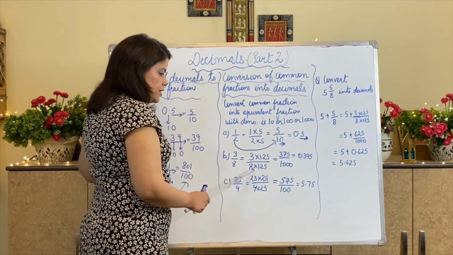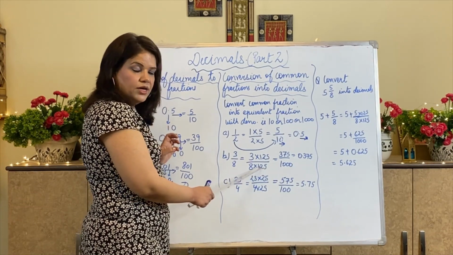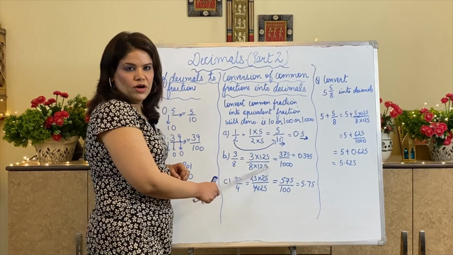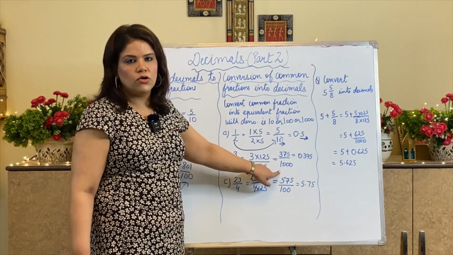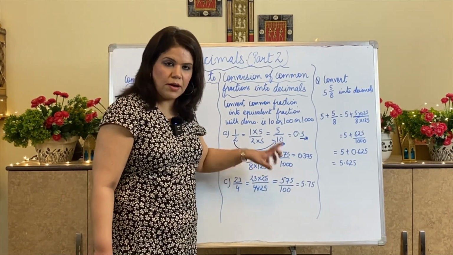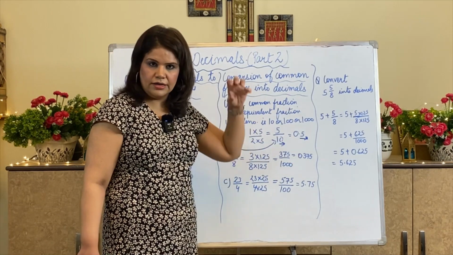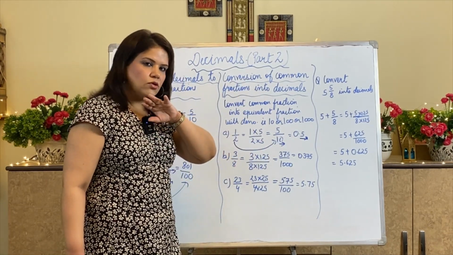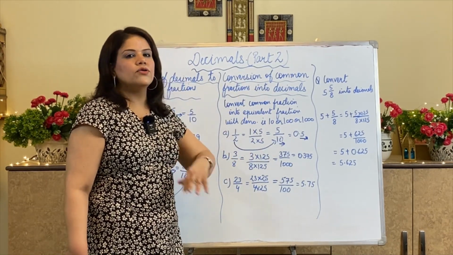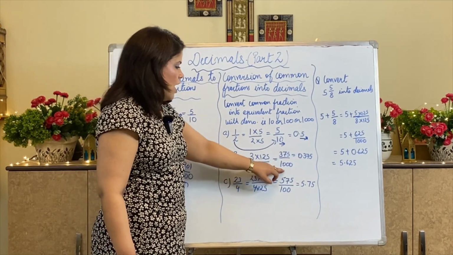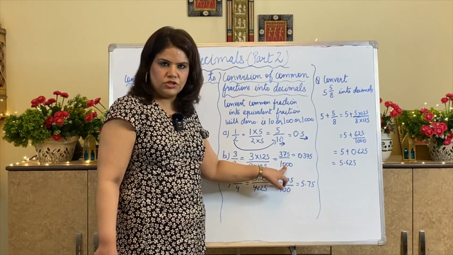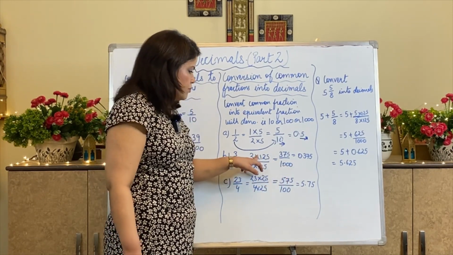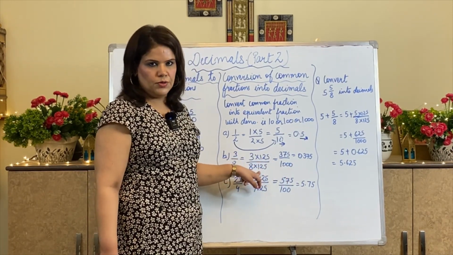So I have multiplied the denominator with 125 and the numerator also with 125 to get the denominator as 1 followed by zeros. Understood? My aim was to get either 10, 100 or 1000. From 8 I couldn't reach 10 and 100. I could reach 1000. So I have used that number with which I could reach from 8 to 1000 and have multiplied the numerator and denominator with it.